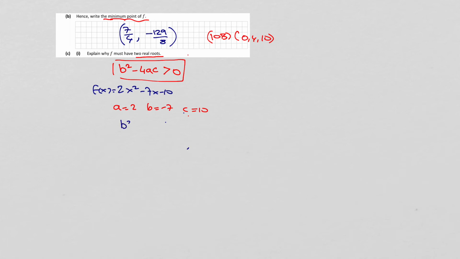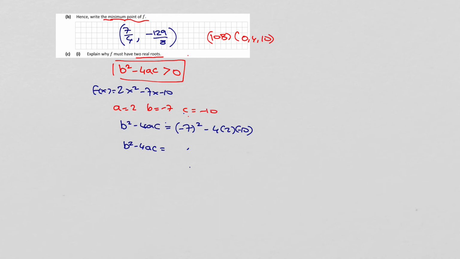So b squared minus 4ac is minus 7 squared minus 4 times a times c, which is 49 plus 80, which gives us a value of 129.